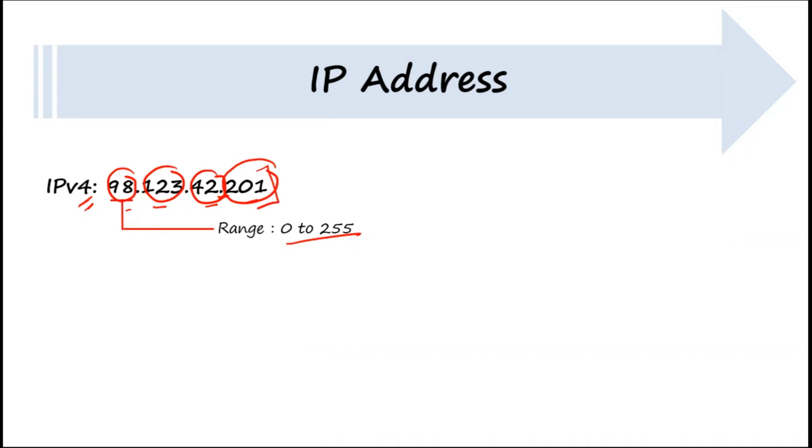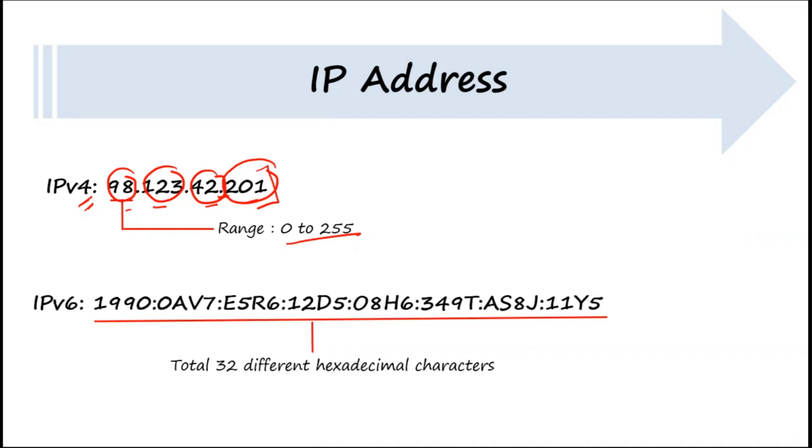So we started upgrading the system to IPv6, which actually has 32 different hexadecimal digits and letters that provided way more combinations. So now every device on the internet has a unique IP address, and that's how two computers find each other. So how is IPv6 different? This has 32 different hexadecimal characters. So it's like 8 sets.